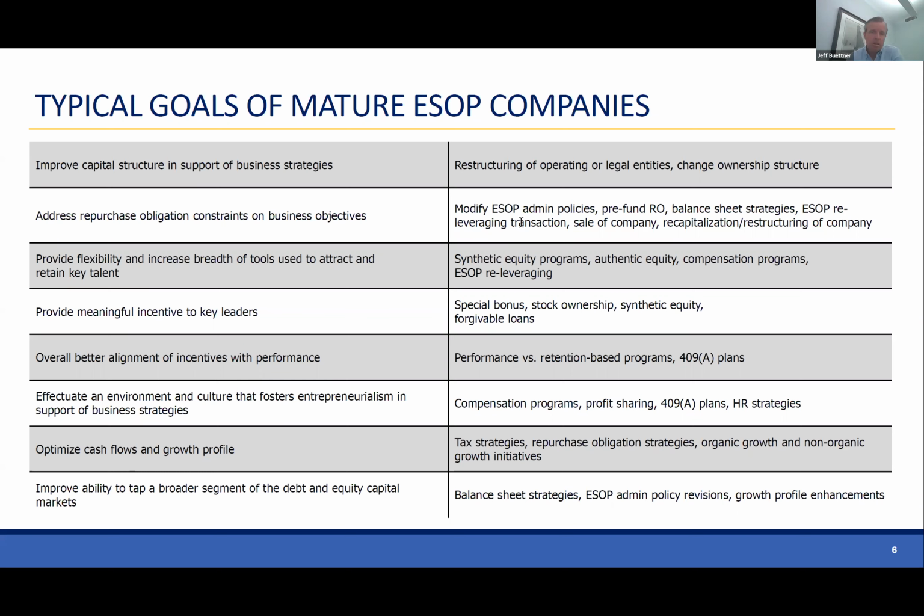But clearly, improving the capital support and addressing repurchase obligation is going to be a very typical goal. And there are some ways I think you can think about addressing that, through maybe restructuring the operating or legal entities. I think changing the ownership in some way, shape, or form is another way you could help solve for some of the constraints that a lack of capital may be placing on the business.